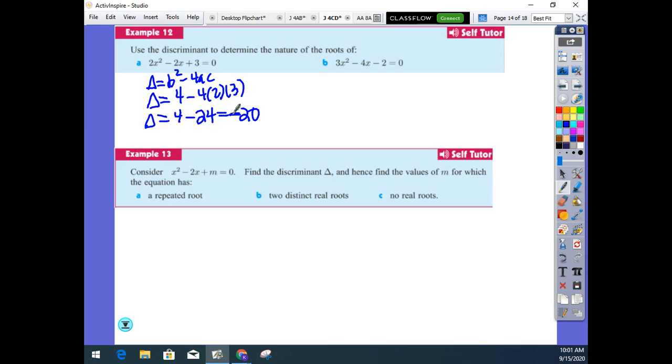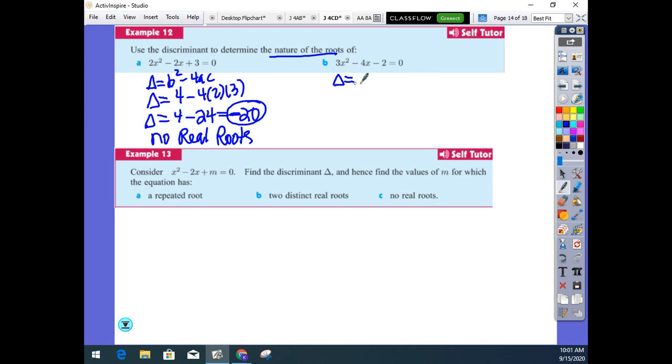Because this is negative, if I put that under the radical, there are no real roots. So the nature of the roots are just what kind of answers will you have. If the discriminant is negative, there's no real roots.